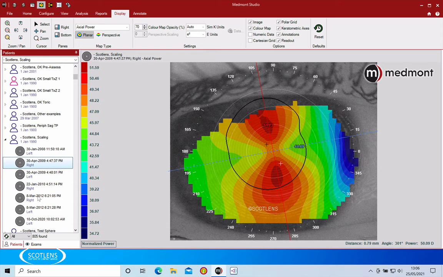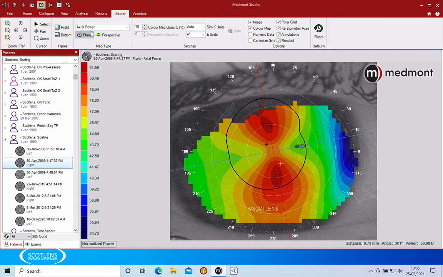So we go to axial measurement and a normalized scale when we want to see how normal is normal. And this can be really good for showing up asymmetrical astigmatism, or if you've got inferior steepness of the cornea, but it's still almost a normal cornea. This is a really good scale for highlighting that. So it shows you how normal it is.